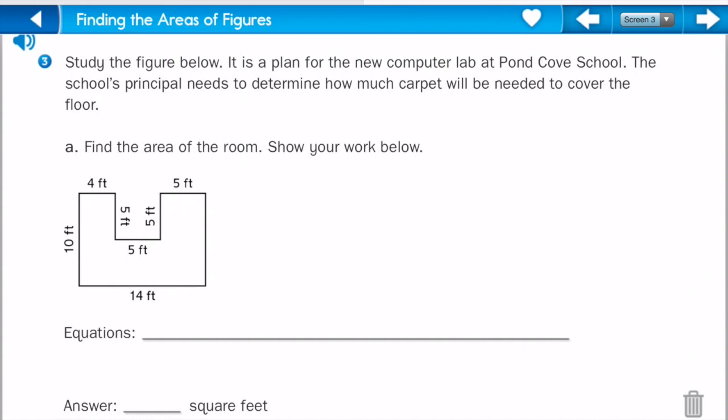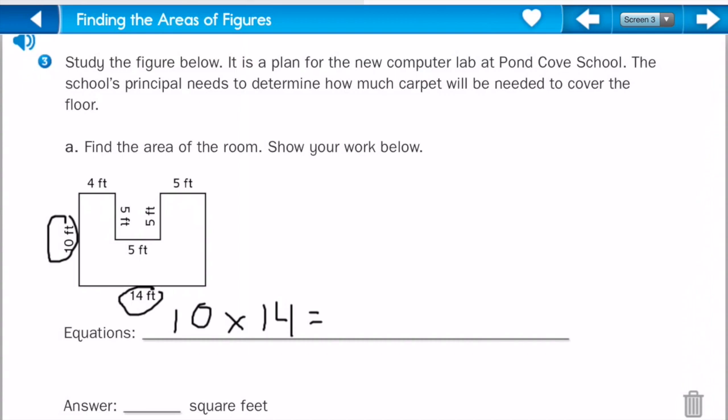So the first one I'm thinking is I could do 10 times 14, because that is the dimensions here. So that's going to be my first one. I'm going to do 10 times 14, because that'll tell me what the whole shape is of this whole thing.